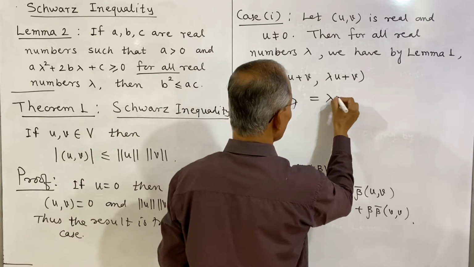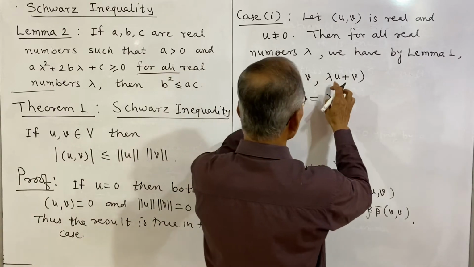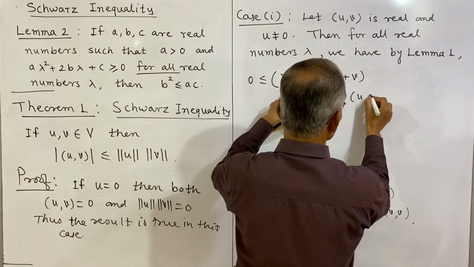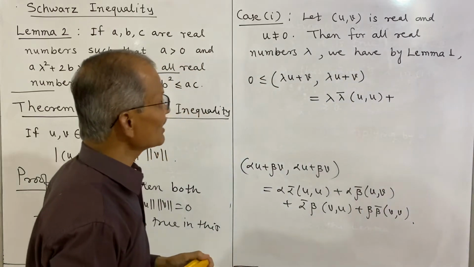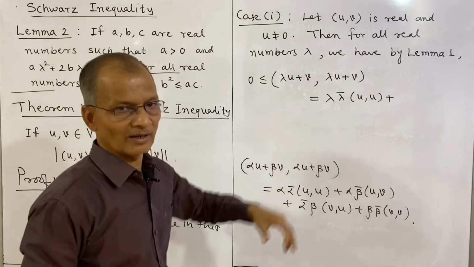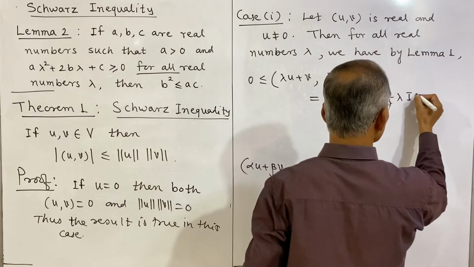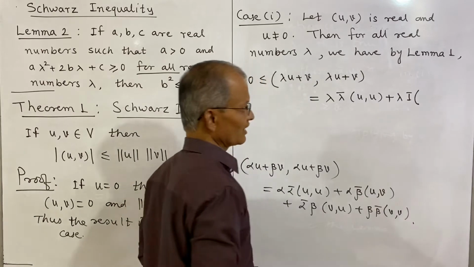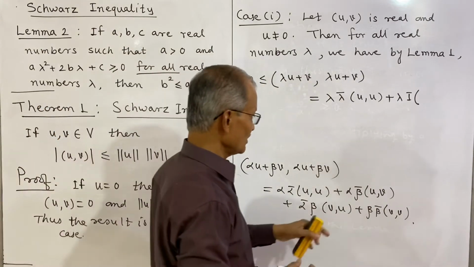So this will be lambda lambda-bar times the inner product of u and u, plus lambda times the conjugate of beta. Beta is 1, and the conjugate of 1 is again 1, since it is real, times the inner product of u and v.